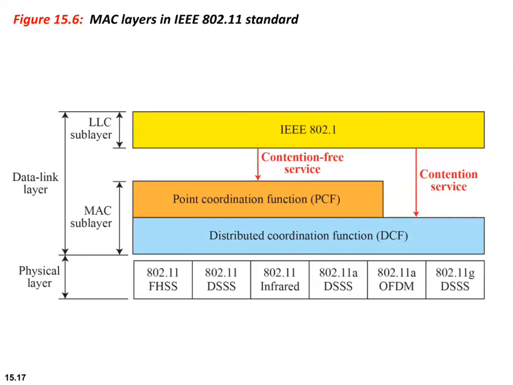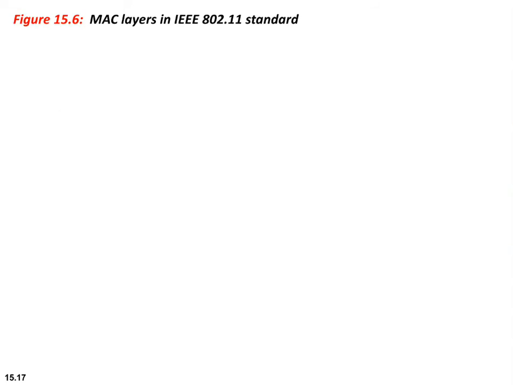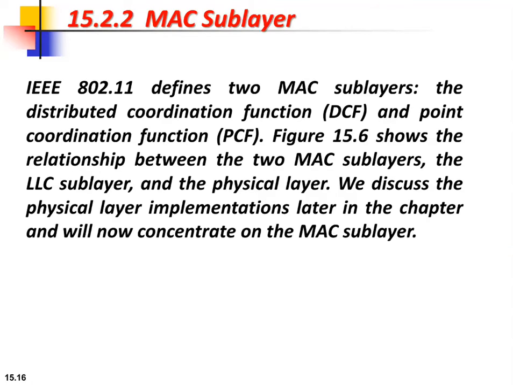This media access control sublayer is further subdivided into the distributed coordination function and the point coordination function. The next figure shows the relationship between the DCF, PCF, the LLC sublayer and also the physical layer.